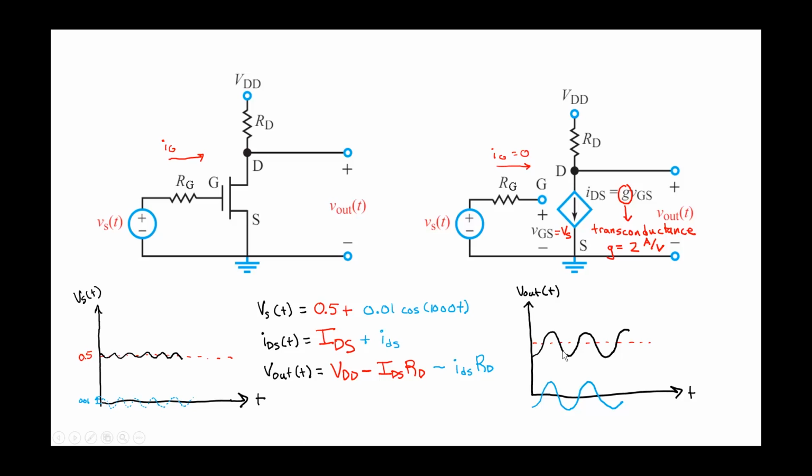So when we ask for voltage gain at the end, we're interested in the ratio between this amplitude and this amplitude. So I know it's a lot of math, but hopefully this problem helps you start to wrap your head around the idea of amplification being performed by a MOSFET transistor.